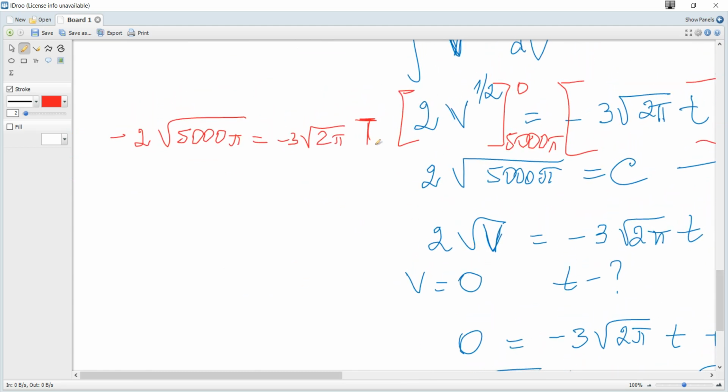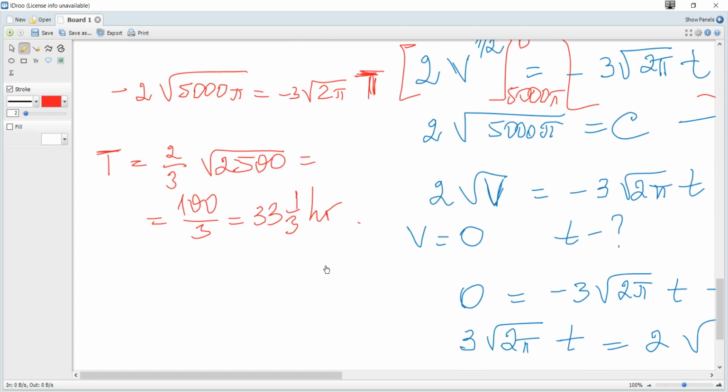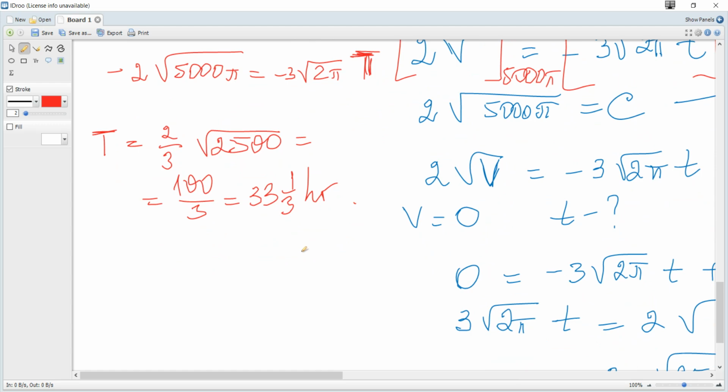And you need just to solve for this T, and you can see that we get the same result. T is what, 2/3 and root of 2500. Root of pi cancels, and you can see you get the same. It's 100 over 3 hours, or 33 1/3 hours. And that's all for this question.